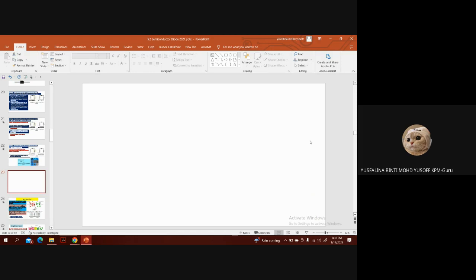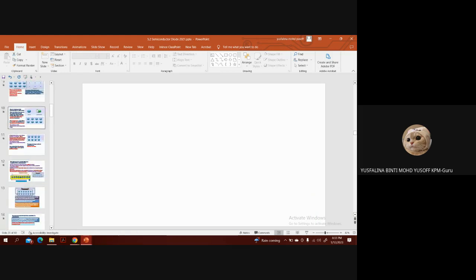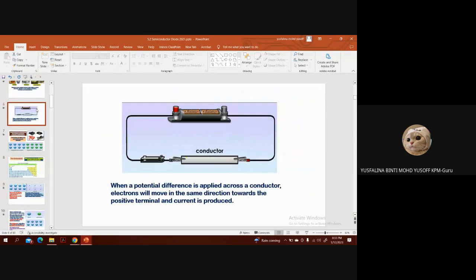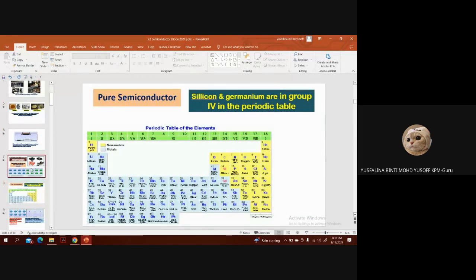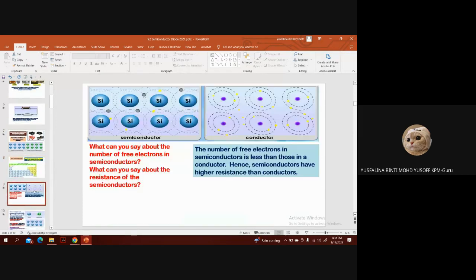The process to increase the conductivity of the semiconductor, for the germanium and silicon, we call it the process of doping.